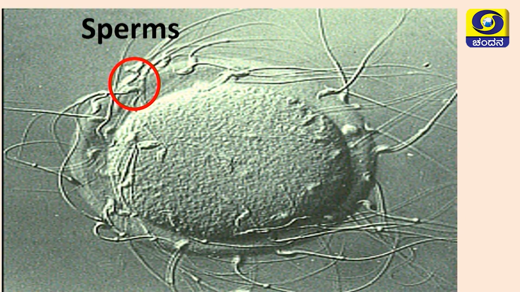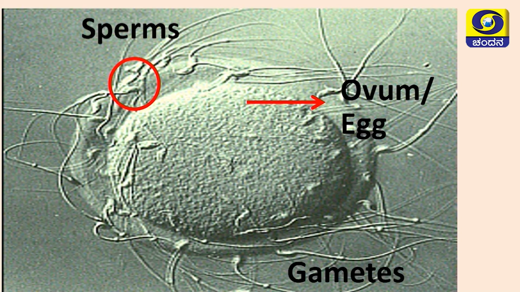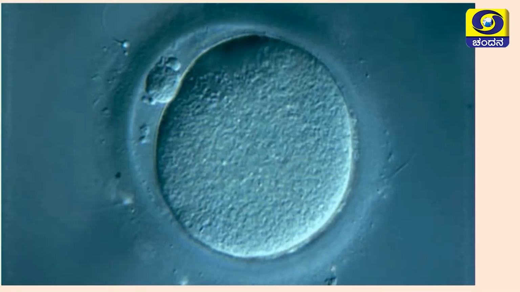You can see in this picture the sperms are surrounding the egg or the ova. These two are the gametes or the sex cells, which are produced mainly by the hormones. When they fertilize, the further process will take place.